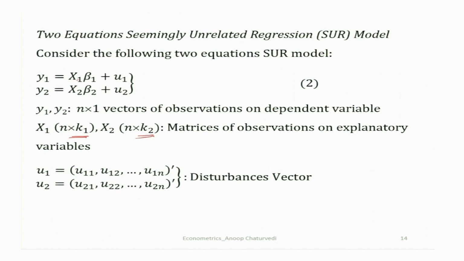Both the equations may use different sets of explanatory variables. So, k1 and k2 may be different. So, X1, X2 are matrices of observations on explanatory variables, and u1 is the n cross 1 vector of disturbances for the first equation, and u2 is the n cross 1 vector of disturbances for the second equation.